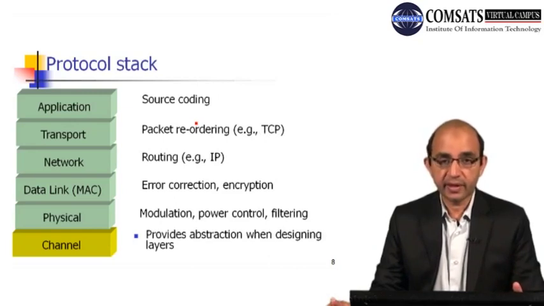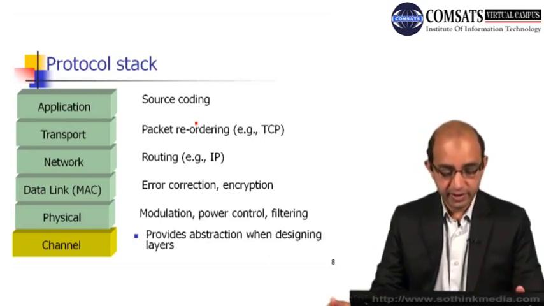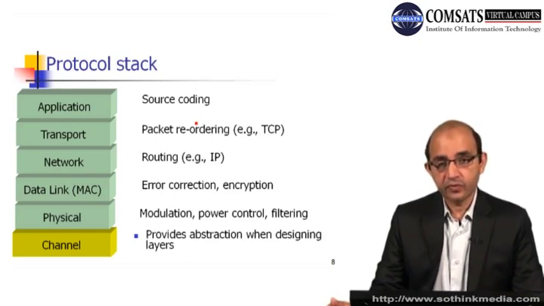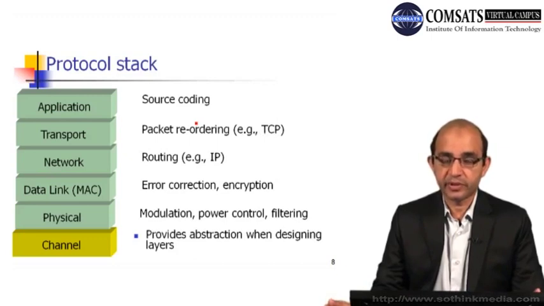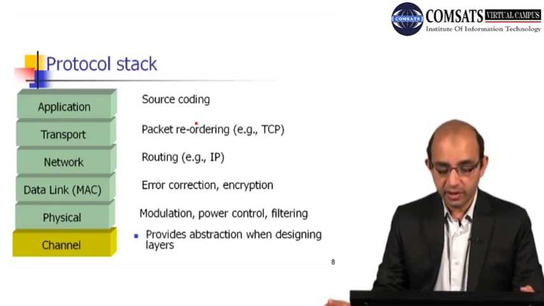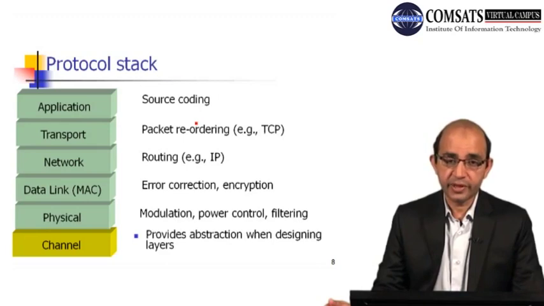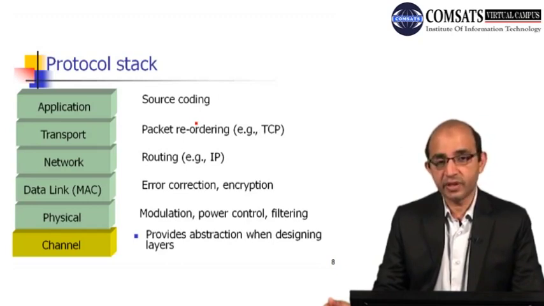So we need to detect that error, and then after the detection we can correct that error. And then of course we want to secure our data. In order to have some security, we need to encrypt the data. And finally, here comes the actual physical link, and that can be a wired link in case of wired communication, and a wireless physical medium in case of wireless communication.